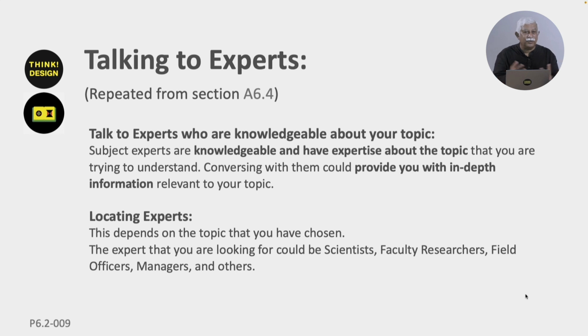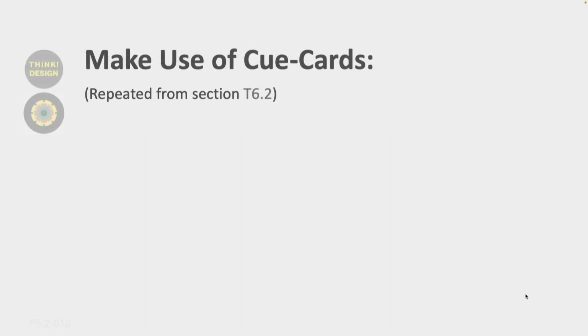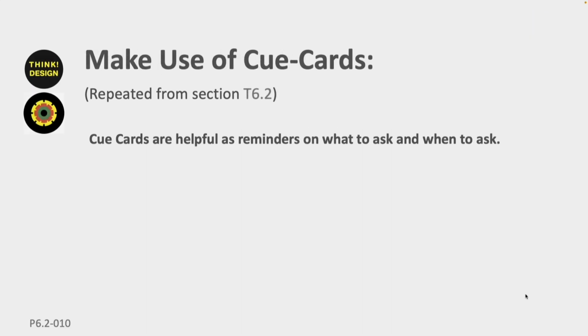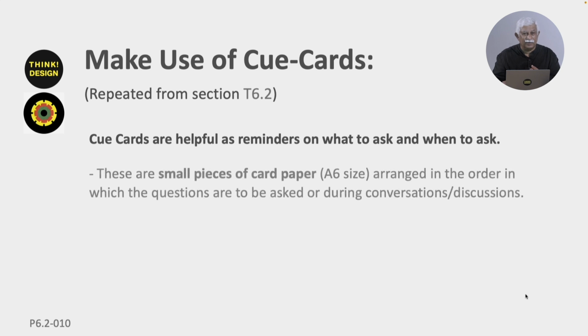While talking to them, you can make use of cue cards, which are very helpful as reminders on what to ask and when to ask during the conversations with the experts. What are cue cards? These are very small pieces of card paper. We mentioned A6. If you fold an A4 paper, it becomes A5 size, and if you fold the A5, it becomes A6 size.